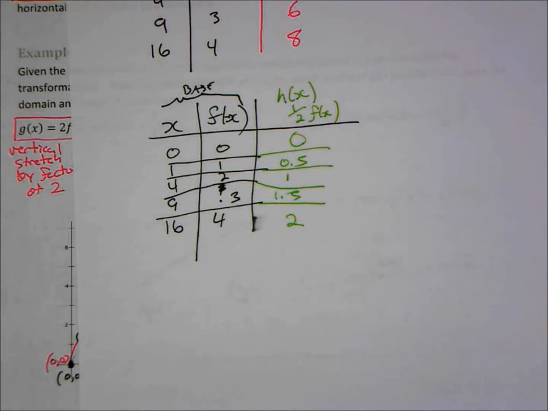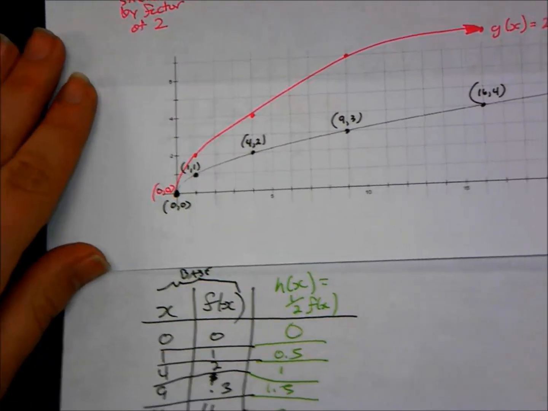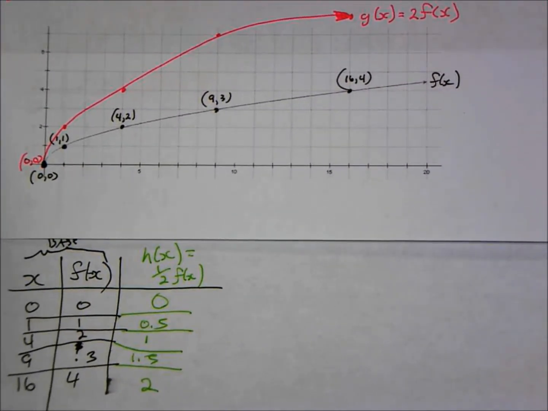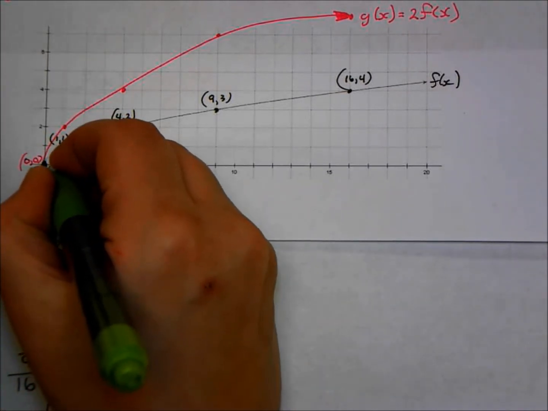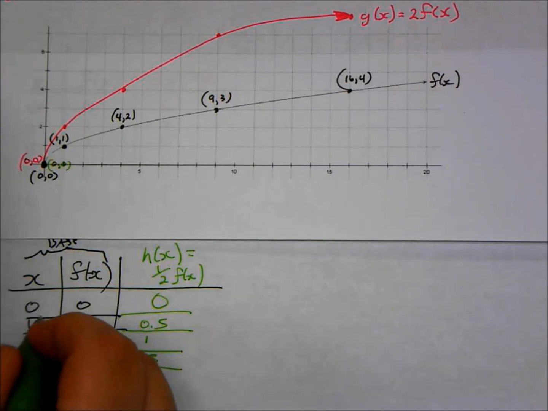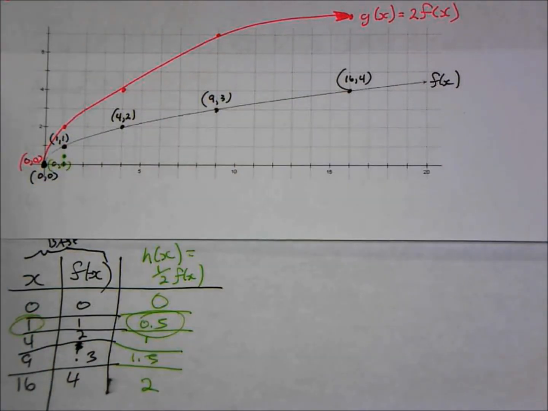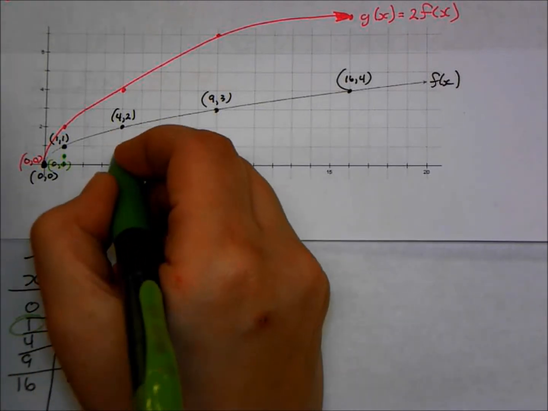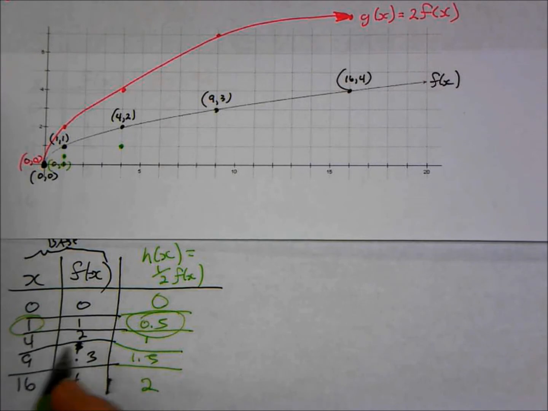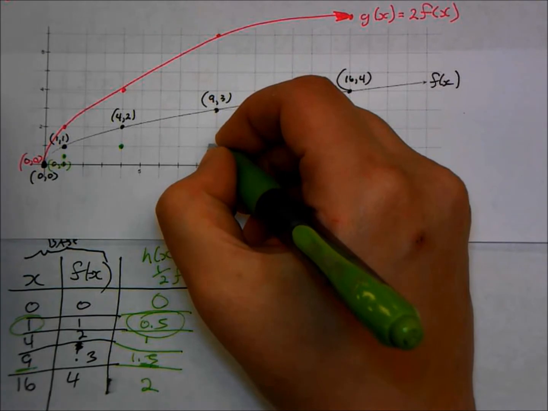So these are the points I'm now going to graph. Our 0, 0 is still 0, 0. 1 and 0.5. 4 and 1. 9 and 1.5.